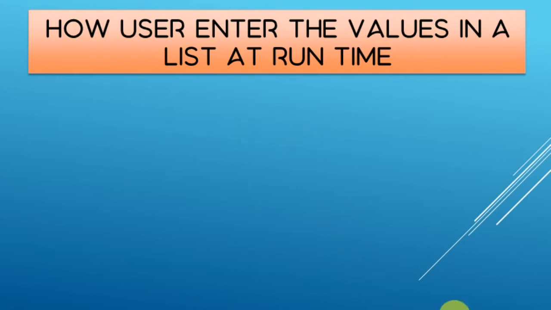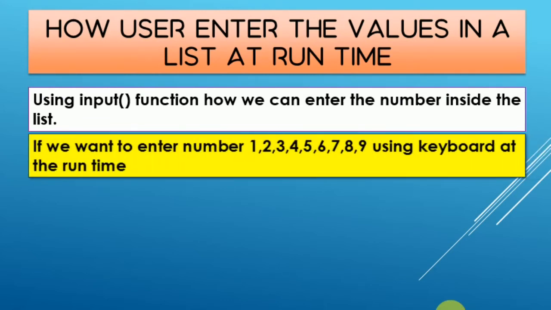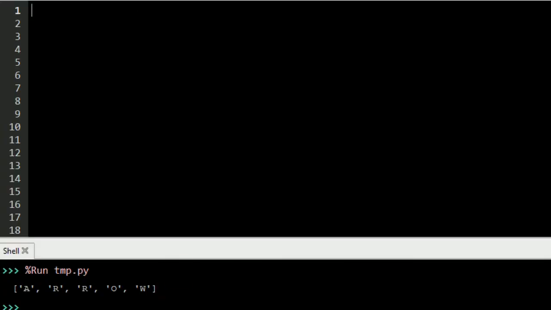So if we move to the next part, we are using the input. You already know that. If you want to enter 1 2 3 4 5 6 7 8, these are the values that we want to enter through the keyboard and store inside the variable list. This is the line: no equals to list input, enter the number, print no. Let's enter the number first, then I'm going to show you what problem is going to happen.